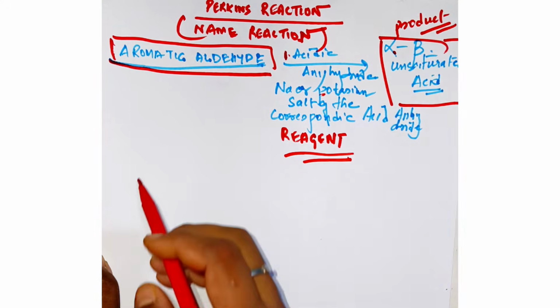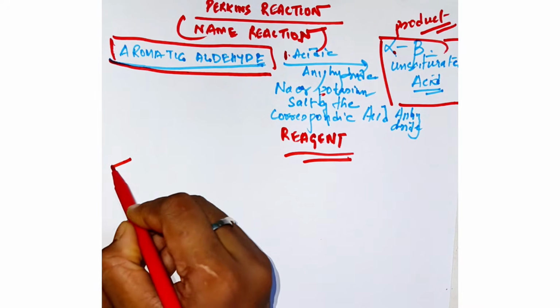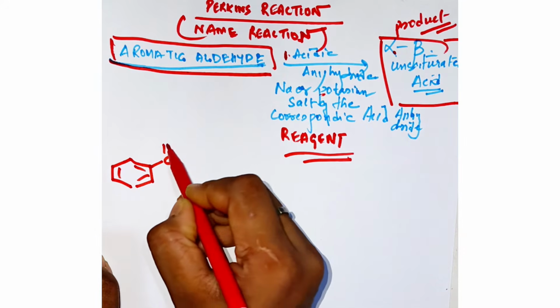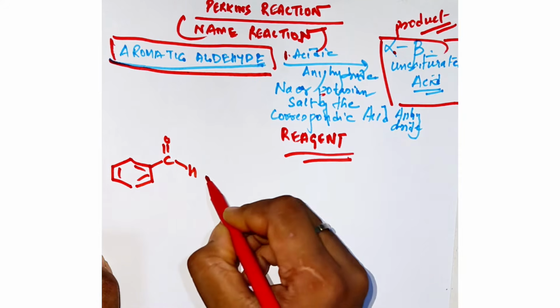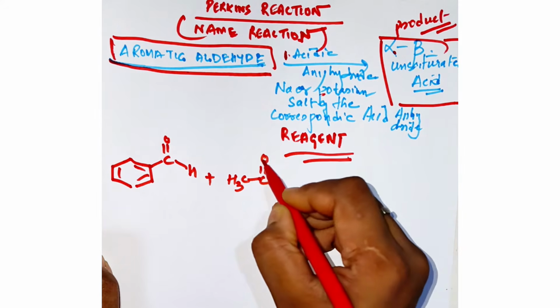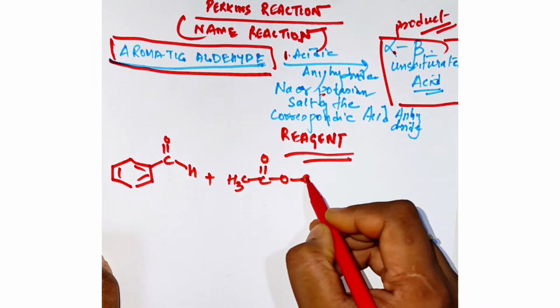Let us take an example. This is an aldehyde, benzaldehyde, and this is acetic anhydride.